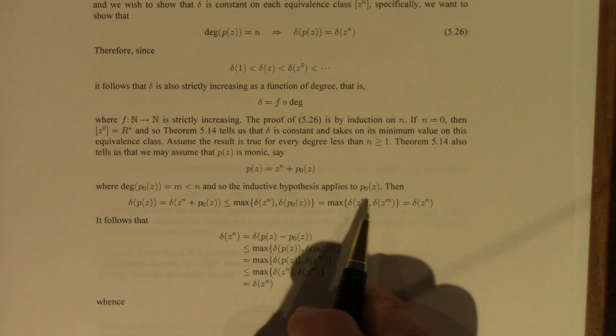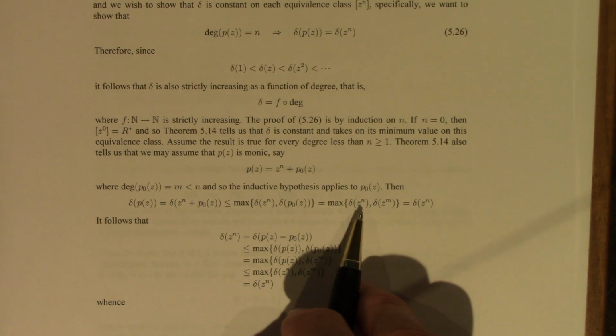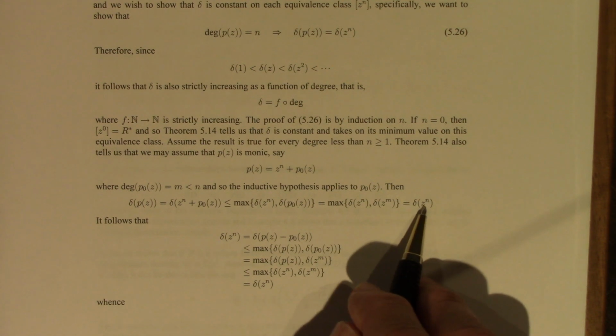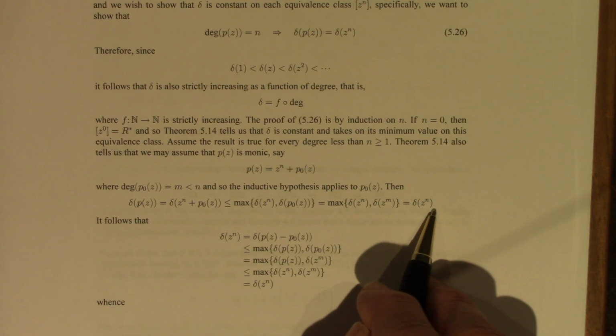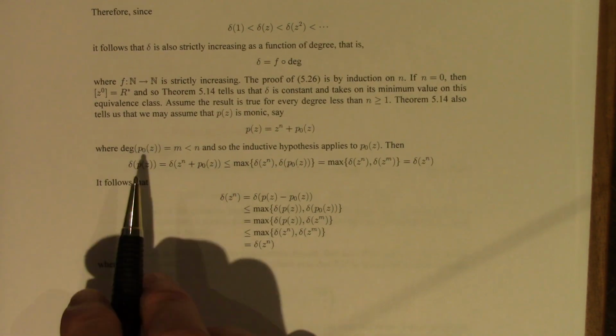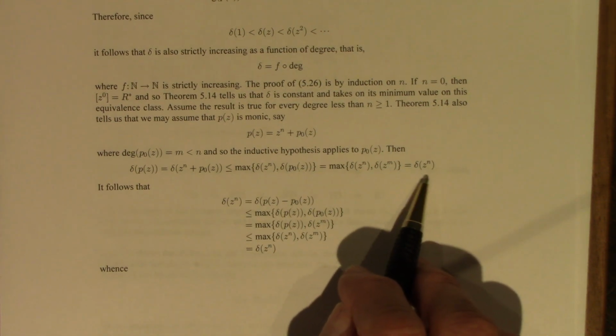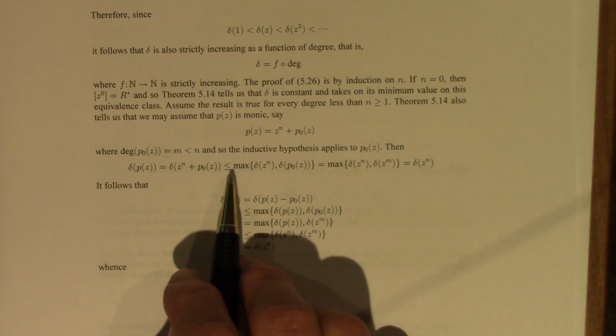And since m is less than n, z to the m divides z to the n, so the maximum of the two norms is delta z to the n. So we know at least, we're trying to show delta of p of z is delta of z to the n, but we know at least it's less than or equal to.